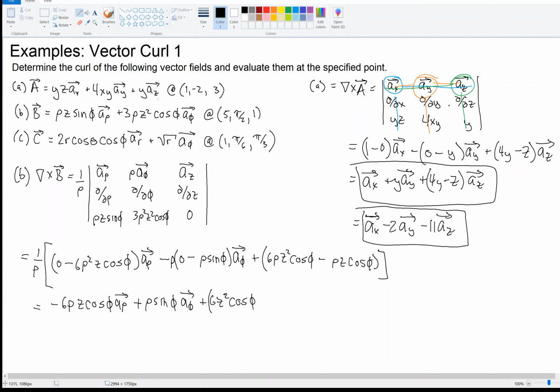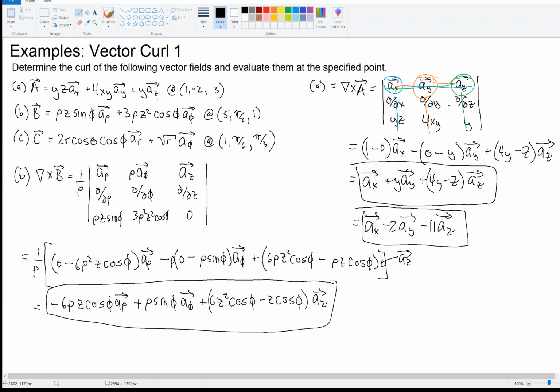The rho is gone because of this 1 over rho, minus z cosine phi. So we could have factored out a z cosine phi there if we wanted to, and this was in the z direction. I forgot the a z there. Okay, so this is the curl of a vector field B.